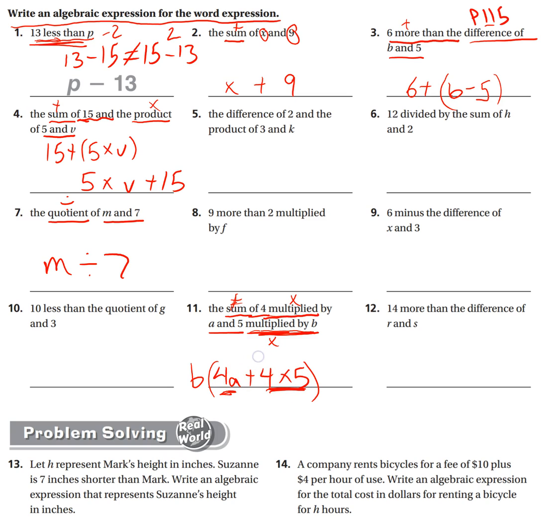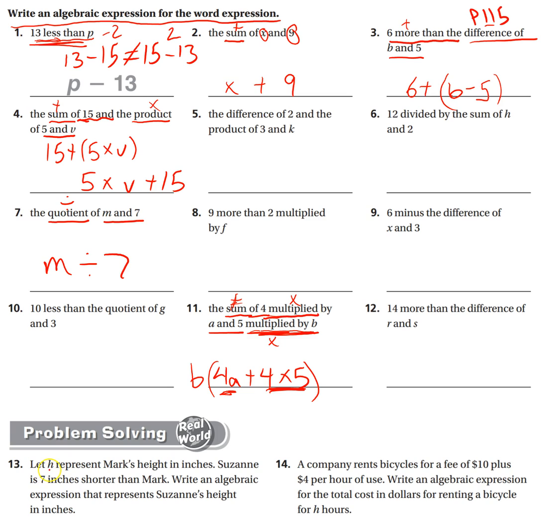Okay, so again, these do get challenging. You got to really slow down and read the problem carefully. Try to think about what each word means and what you're doing mathematically.